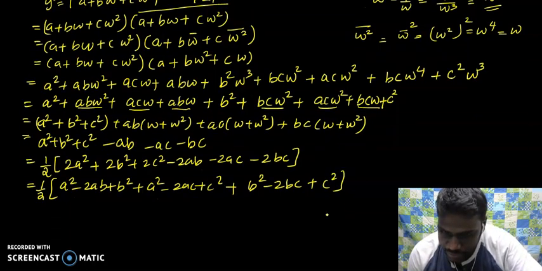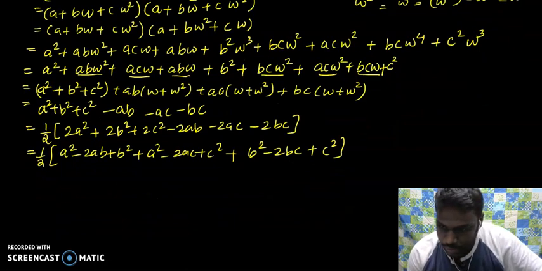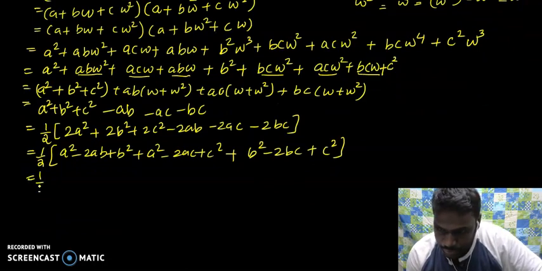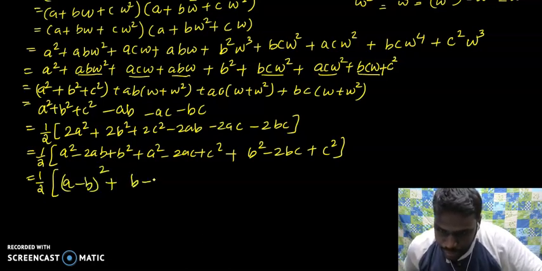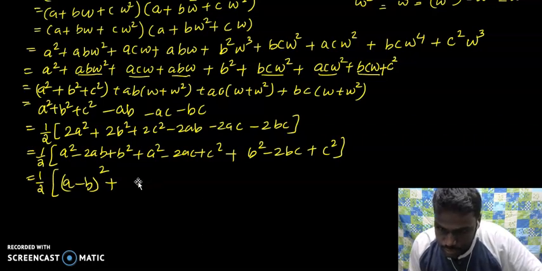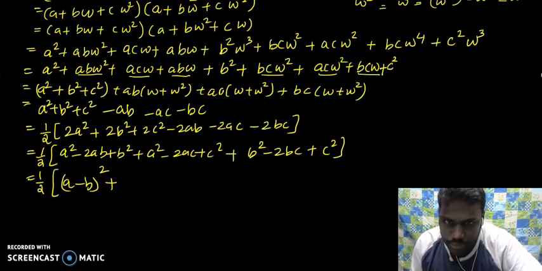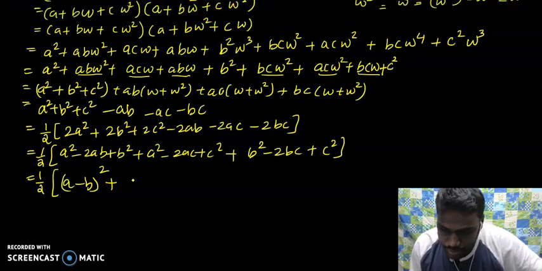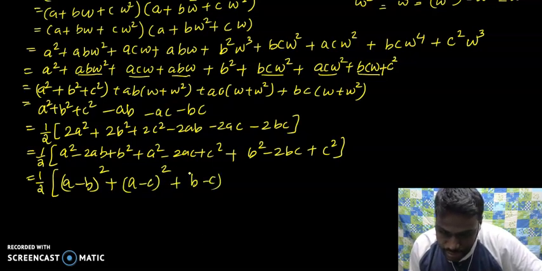So that is equal to half into a minus b the whole squared plus a minus c the whole squared plus b minus c the whole squared.